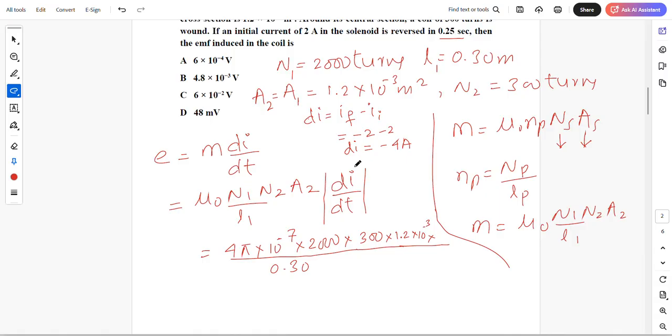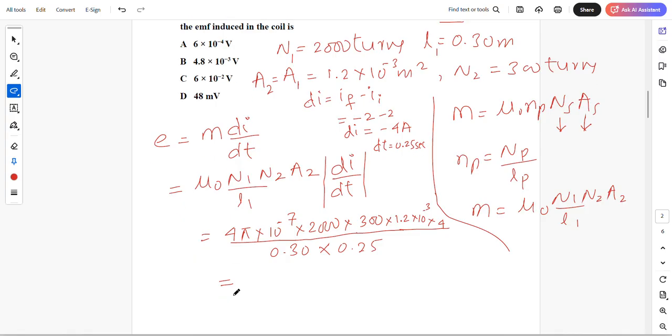If I take dI, magnitude 4, divided by how much is the time? They are given dt. dt is equal to 0.25 second. That I have to substitute here, 0.25.